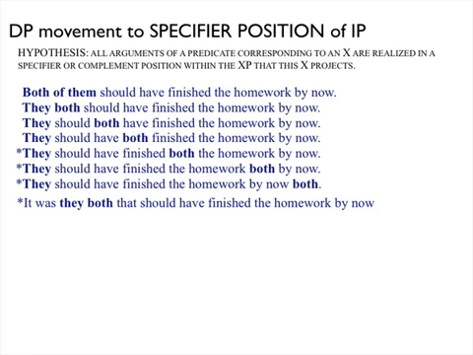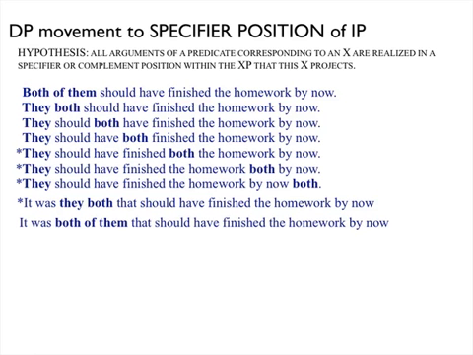When Yuki Kuroda came along and looked at this, he said, well, we've got a different analysis of this, and it shows us something else that's interesting. It turns out that you can also say, if we wanted to focus on this phrase, you couldn't say "it was they both that should have finished the homework."